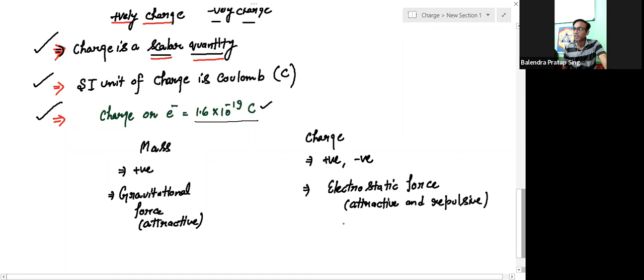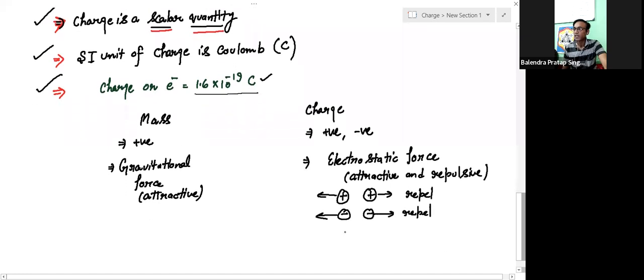So if I consider a positive and a positive, what happens? They will repel. And if I consider two negative charges, they also repel. Or if I consider a positive and a negative, they will attract each other.